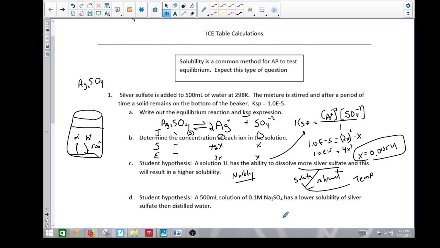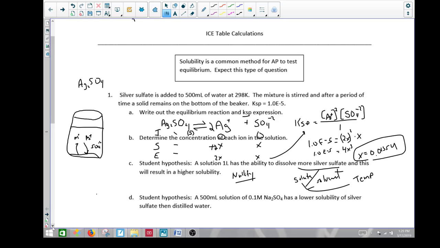Student hypothesis: a 500 milliliter solution of 1 molar sodium sulfate has a lower solubility of silver sulfate than distilled water.